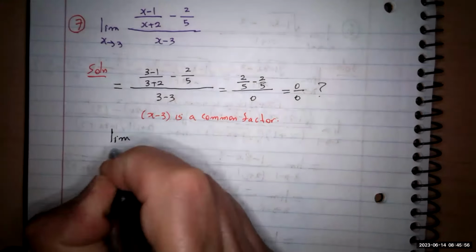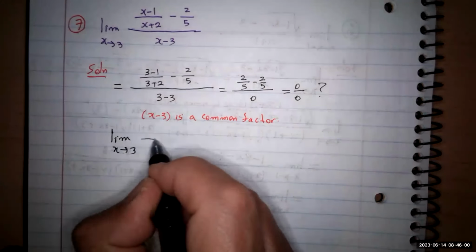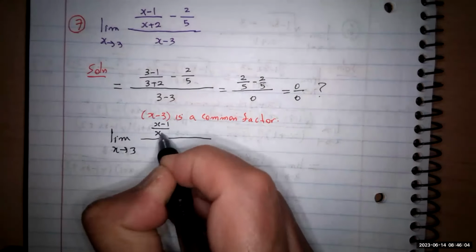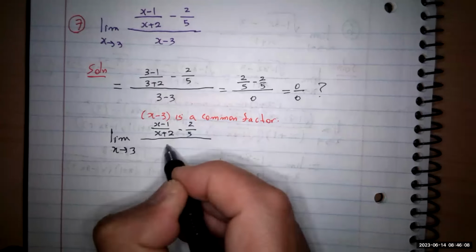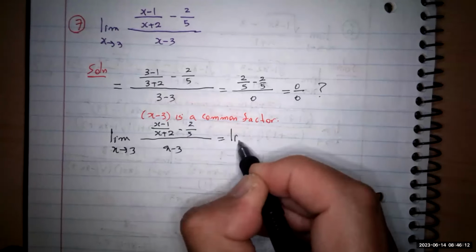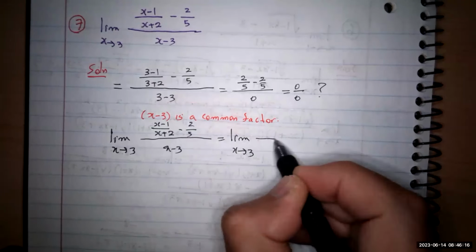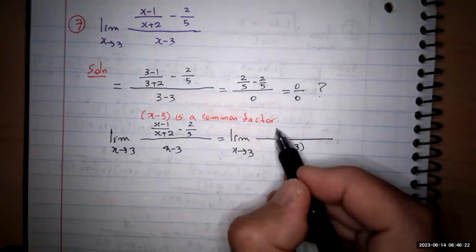So I just repeat it. You can do it right at the beginning. Find the common denominator. This is the limit of, and you have to keep the limit all the time. I'm not going to do anything to the bottom because x minus 3 is your common factor. On the top, you find the common denominator.